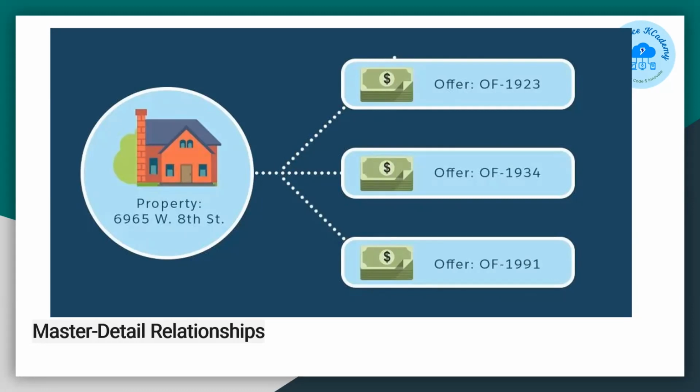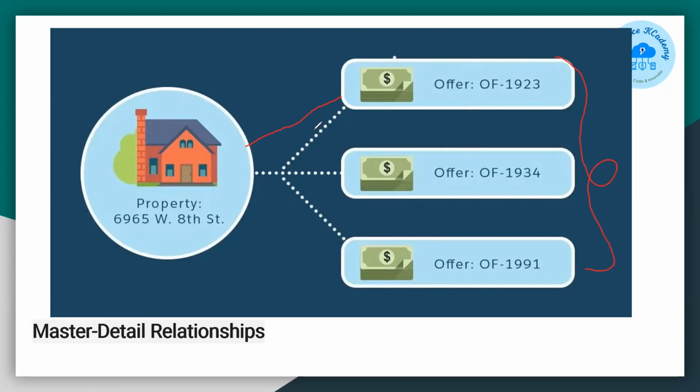In that case, what happens if the property gets deleted? Will these offers still be useful for us? No, right? Because I just want to create a tied relationship for each and every property. I want to provide two or three offers, and these offers I want to be applicable only to this property.